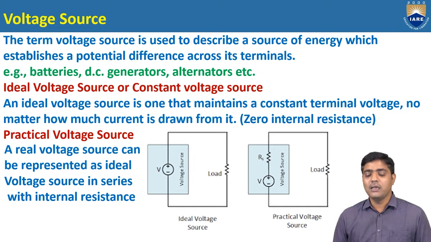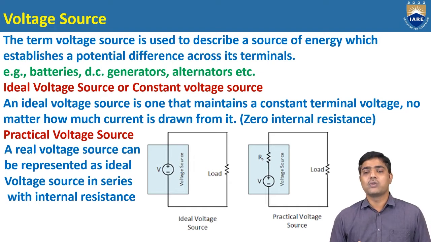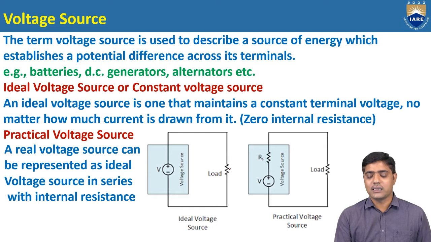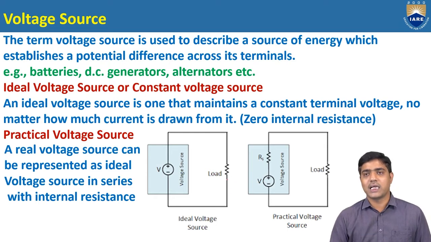Basically here, the voltage source is used to describe a source of energy which establishes a potential difference across its terminals. Suppose this is the electric circuit and here you have a resistor connected.